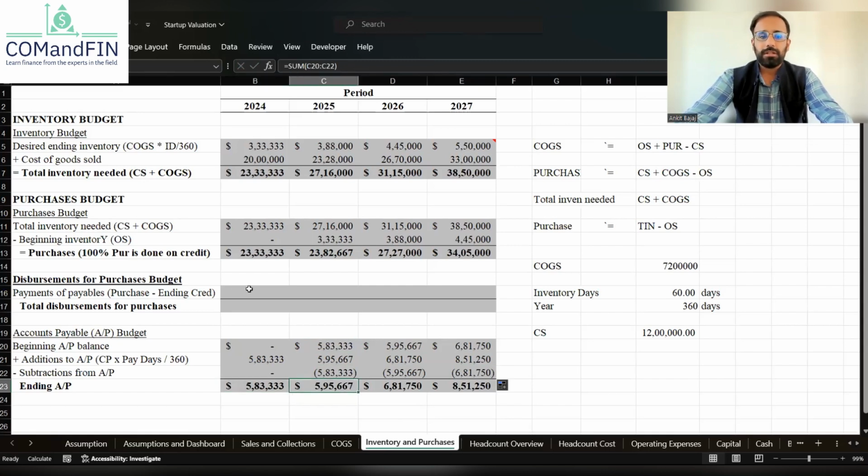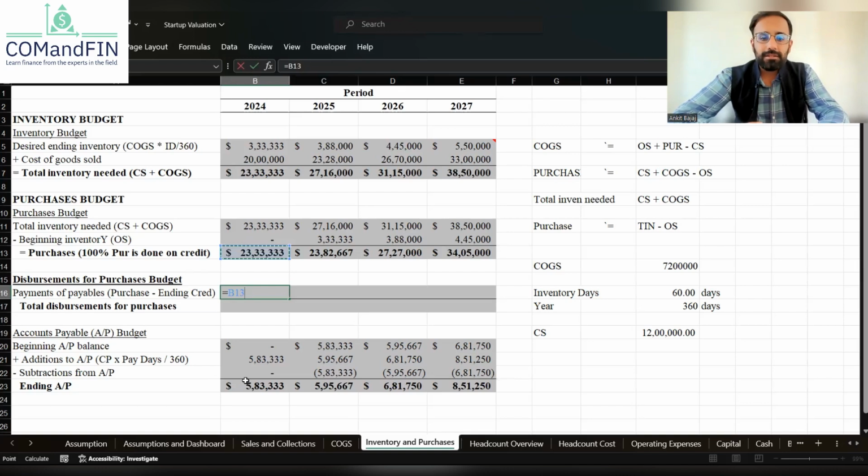Now, if I want to find out the payment which is going to be made during the year, the total purchase which you have made during the year is 23 lakh 33,000. So you have purchased goods on credit, that is 23 lakh 33,000. Now, out of this total credit purchase, the outstanding creditor at the end of the year was 583,000.